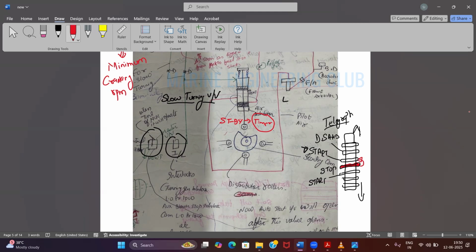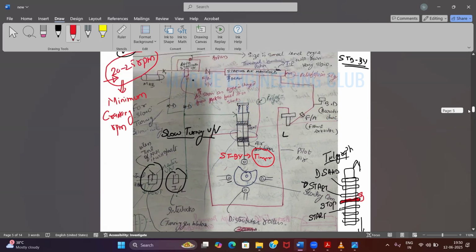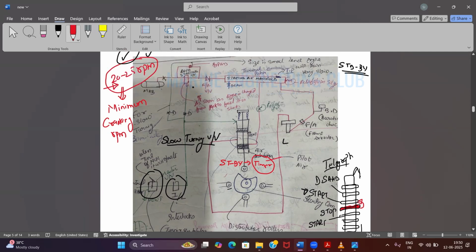Now, as soon as you press standby, the timer starts. Now you have turned the engine, everything is ready. Suppose pilot delay happened and standby is pressed. After 30 minutes, if after standby the engine has not been started, then the first air will go from here and here, and it will go only to this solenoid valve, which will activate.